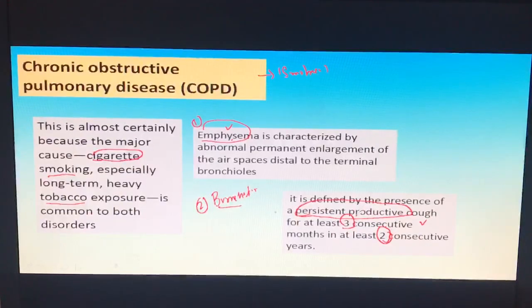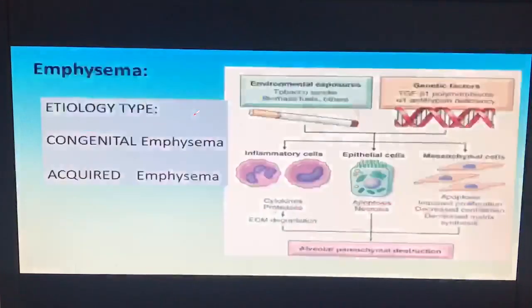That cough is a productive cough, with mucus production from the bronchi. That's the clinical scenario for bronchitis. So these two disorders are related with smoking.